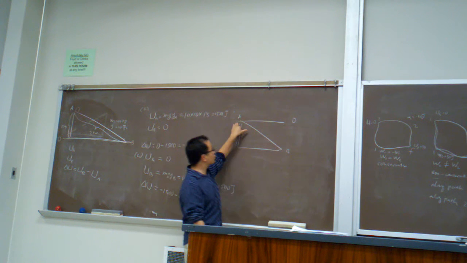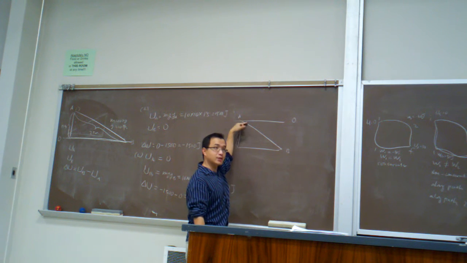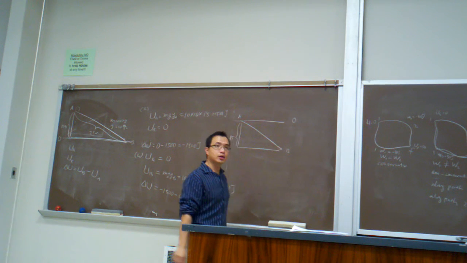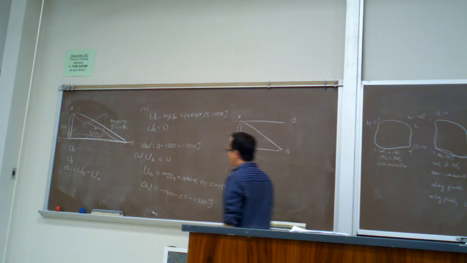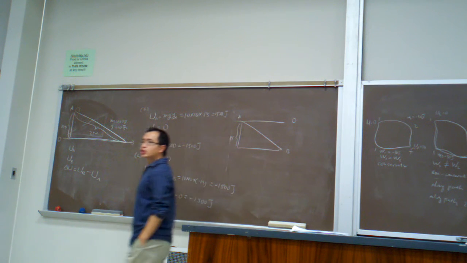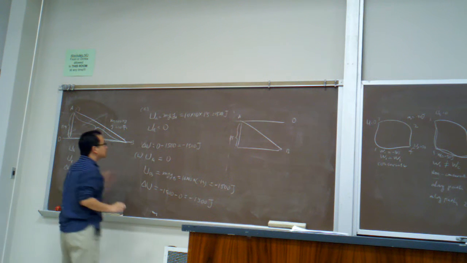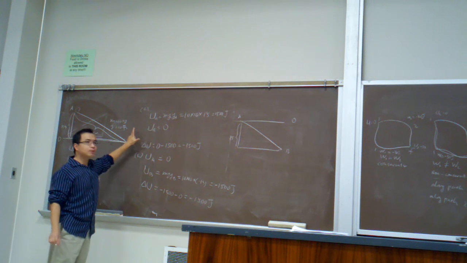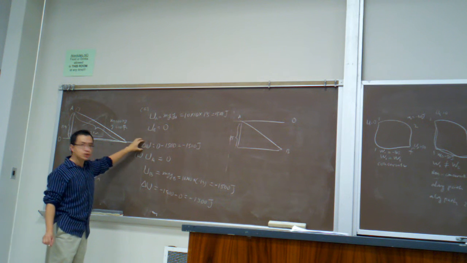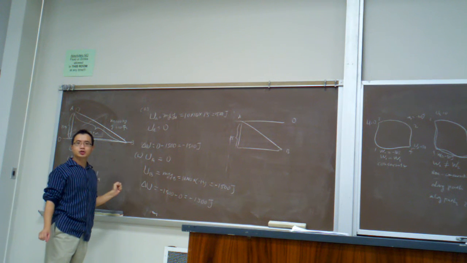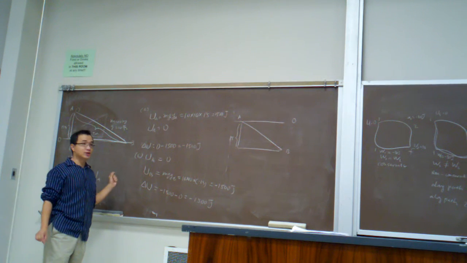But here we choose the top as 0, so UA is 0. Okay, so again, it's trying to illustrate the fact that the potential energy you calculate at any point may have different values, but the change in potential energy is always the same.